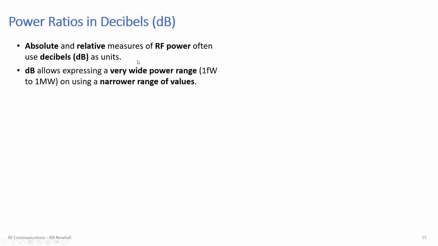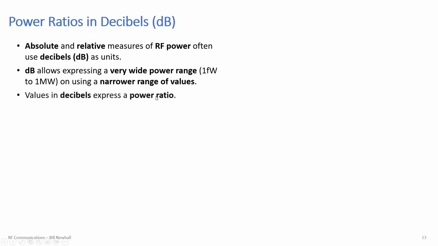And there's a reason we use dB. dB allows you to express a very wide power range using a narrower range of values. So you can express a femtowatt to a megawatt using a reasonable range of values when you use decibels.